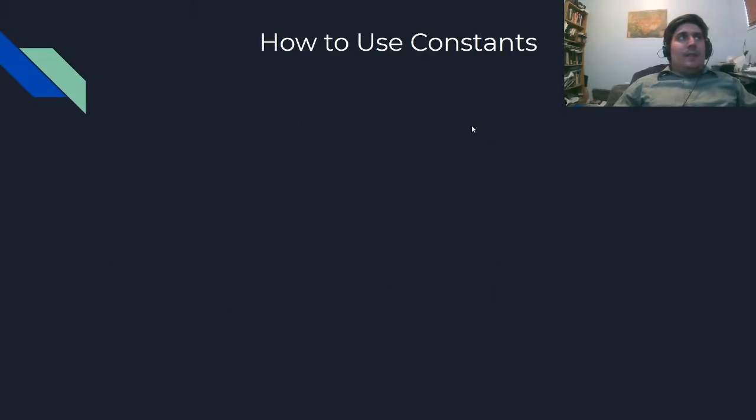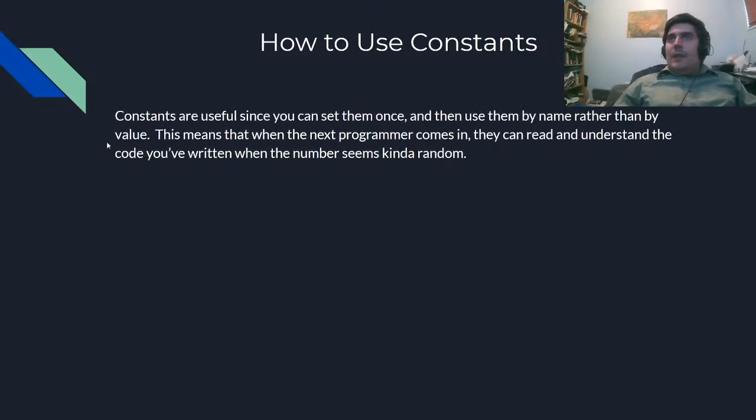So how to use constants? Constants are useful mainly because you can set them once and then you can use them by the constant name rather than by the value.